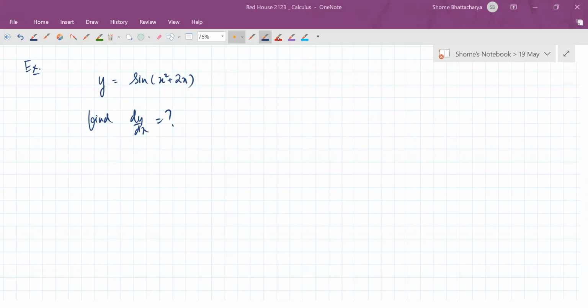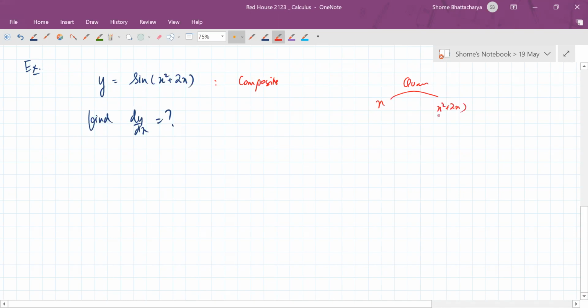Okay, so let's understand this is a composite function, because what we do to get y is on x, we first operate the quadratic function, which gives us x square plus 2x. So this is our g of x, and on that we operate the sine function.